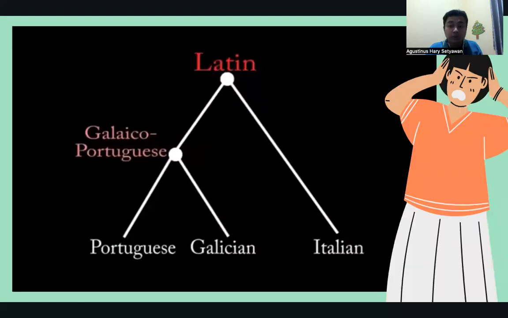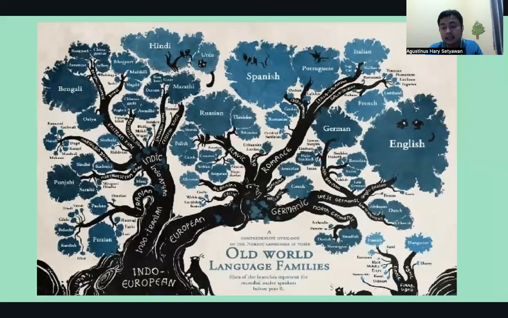But we can once again see David Crystal's book, one of them, to show what is Indo-European, consisting of Indo-Iranian and European, then the European consists of Germanic, Albanian, Romance, and once again, because our language is considered Germanic, right?